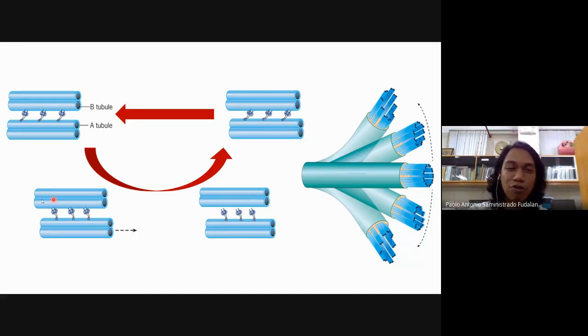It's going to push this doublet so that they move sideways, and then it's going to detach and get ready for another power stroke, and then the cycle continues. So as that happens, your flagellum or cilium actually moves from side to side, as we see here. So that's how the dynein in the flagellum or the cilium works, with the help of ATP.